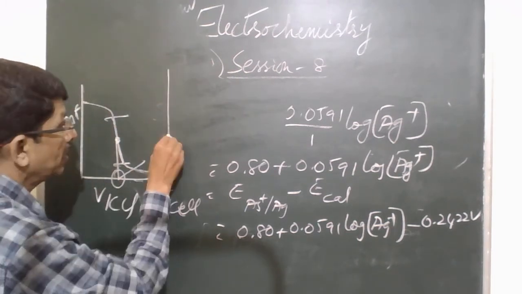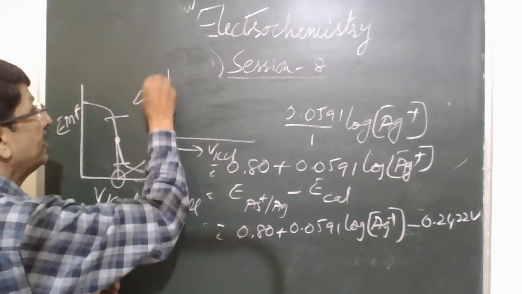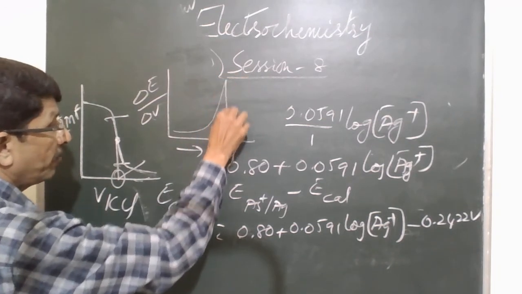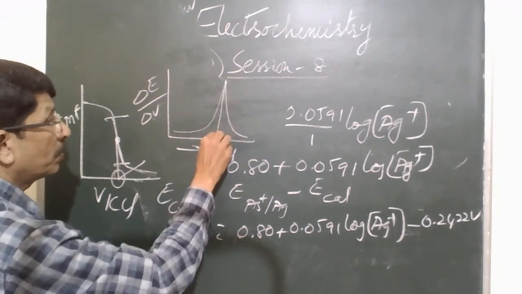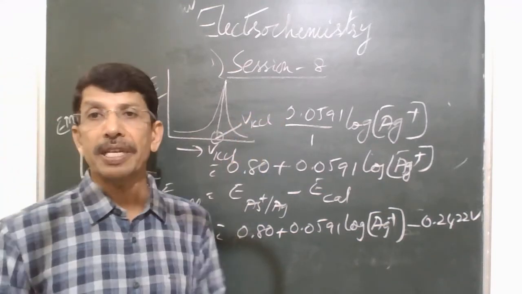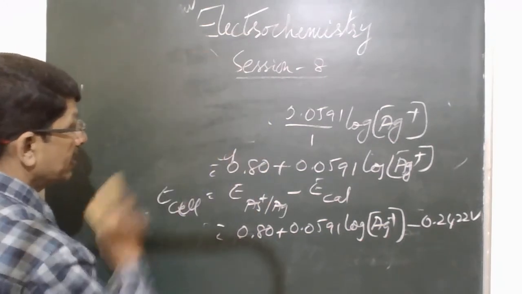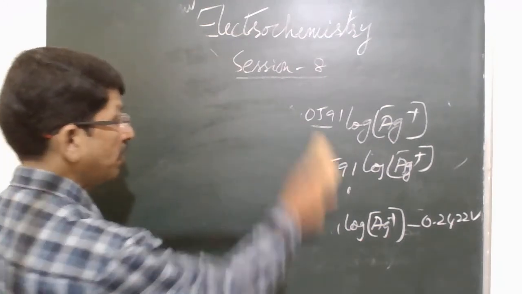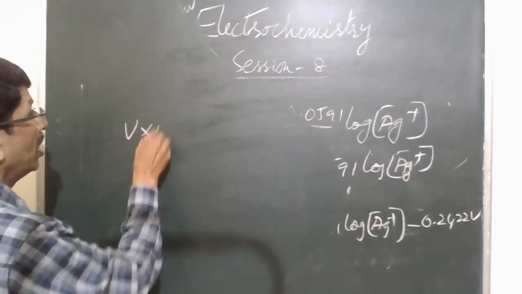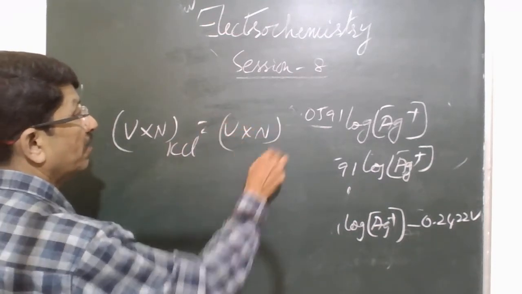Or as I have discussed, we can also draw the first derivative graph, that is volume versus delta E over delta V, where you get a graph of this fashion, and the volume corresponding to the peak is the volume of KCl consumed. Using this volume, normality of KCl into volume is equal to volume into normality of silver nitrate.